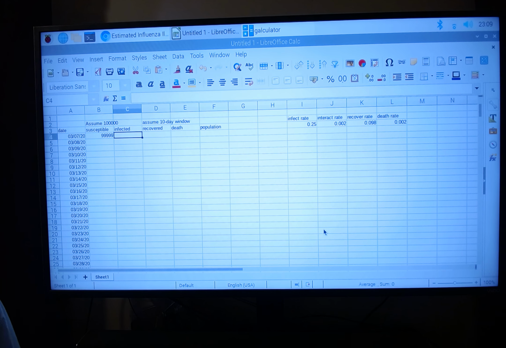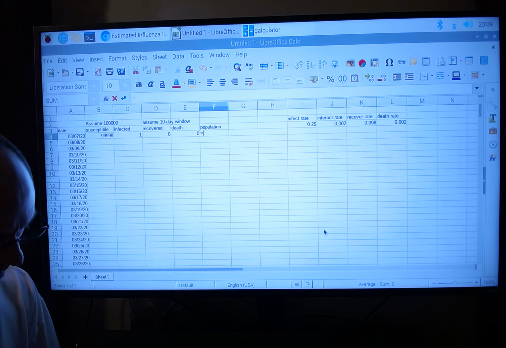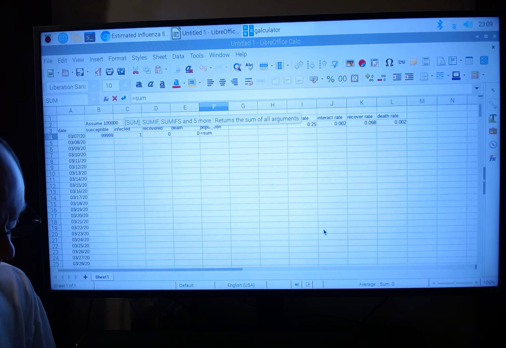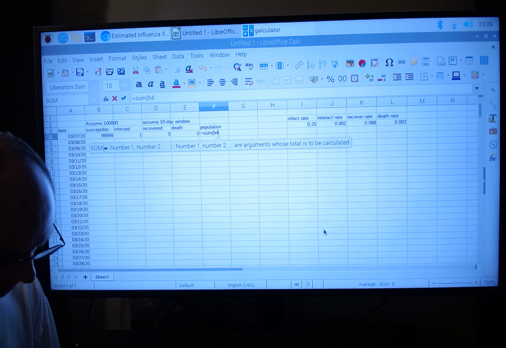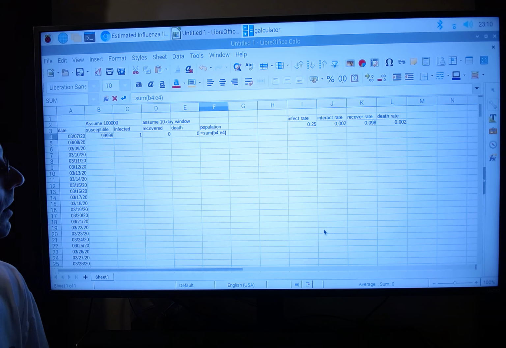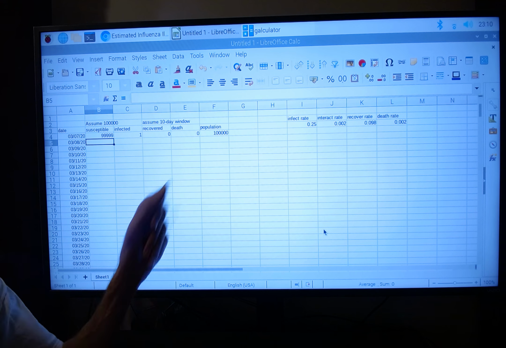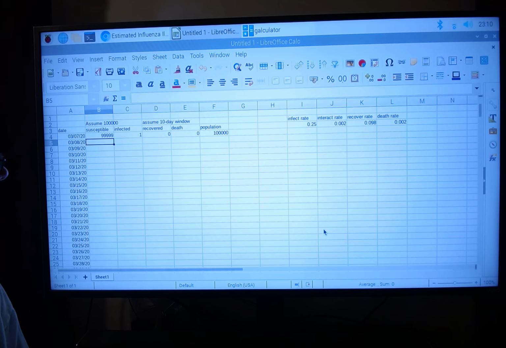We'll have one person infected, 0 in the recovered, 0 in the death pool, and the sum. Make sure our math is correct here.